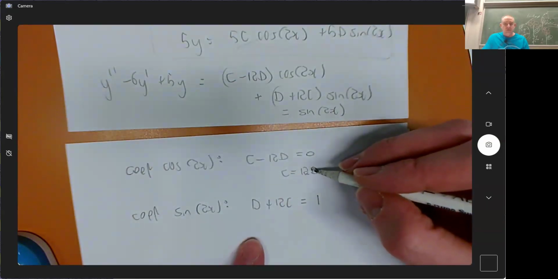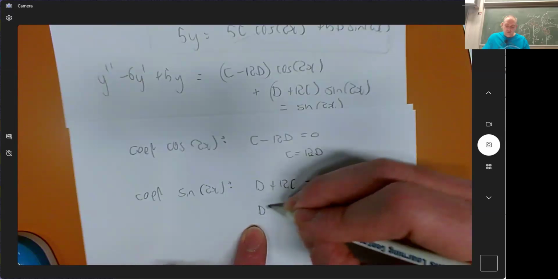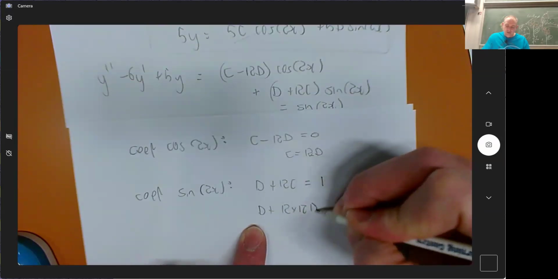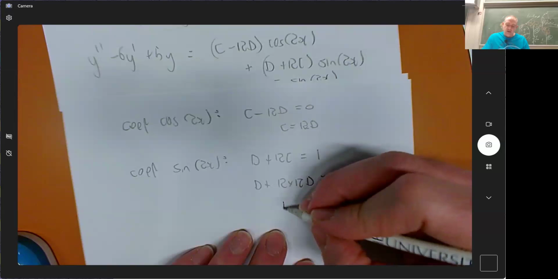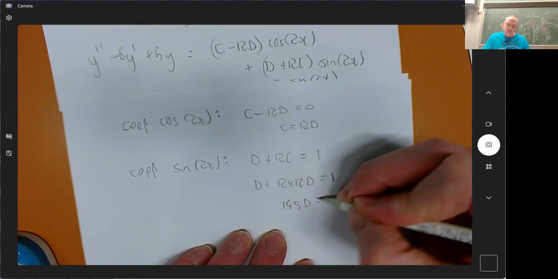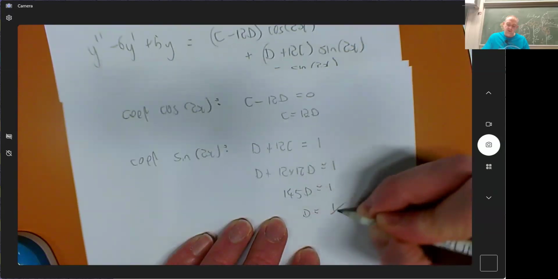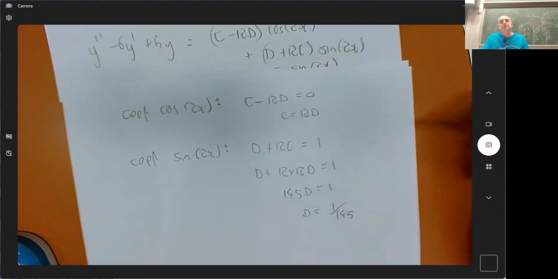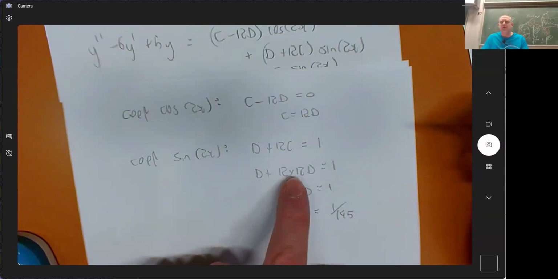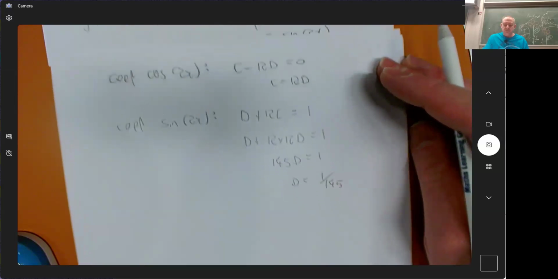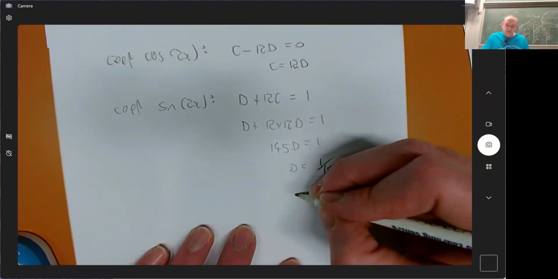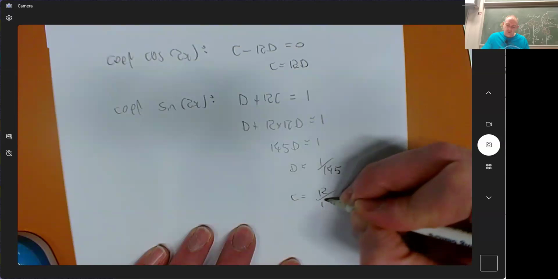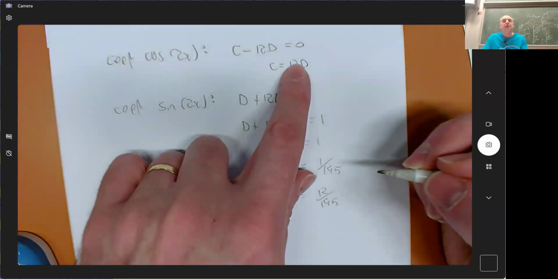But we already know that c is 12d, and so we get d plus 12 times 12d is 1. And so 145d is 1, and so d is 1 on 145. That's 12 times 12 is 144, isn't it? Yeah, okay. Which means that c must be 12 on 145 because c is 12d.